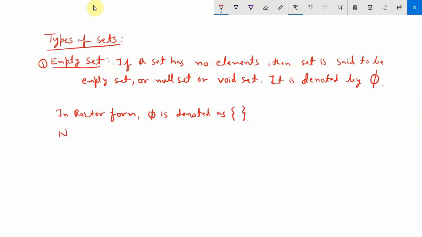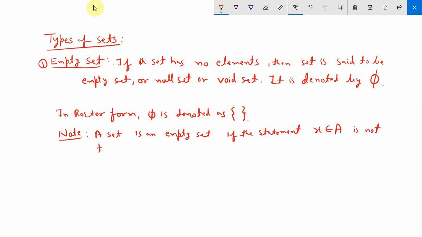So please note this: a set A is an empty set if the statement x is an element of set A is not true for any x.